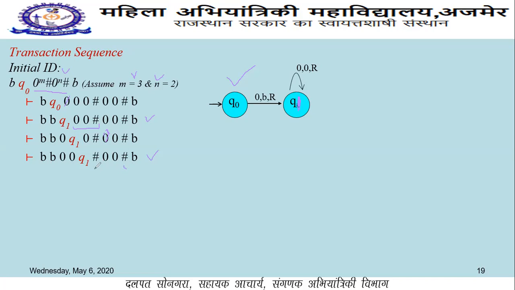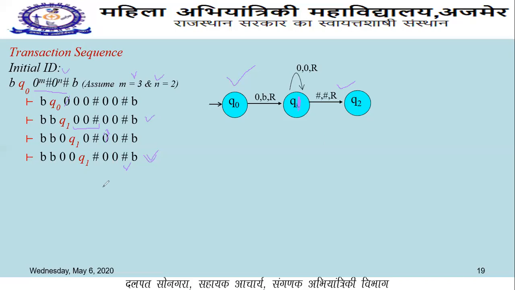Okay, so when we read hash at q1, we just change the state. So for that we write one transition function like this. Hash is just passed and we move on right hand side direction and change the state to q2. We apply this transition function on this transition sequence, and we get this.